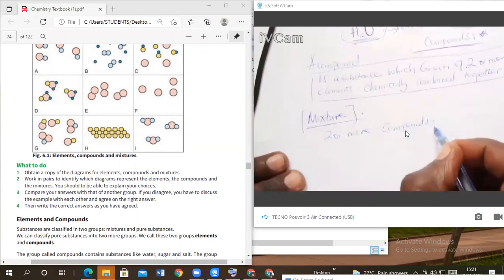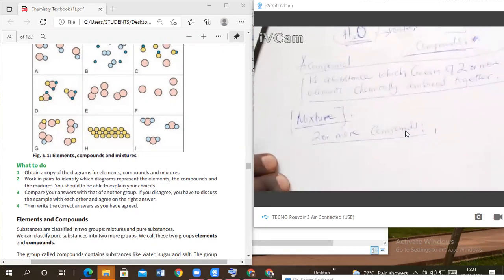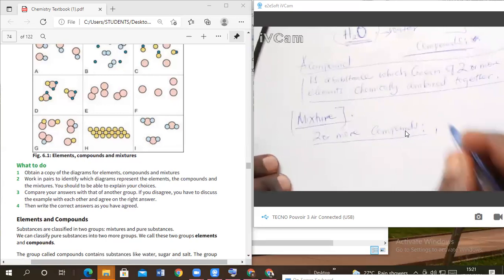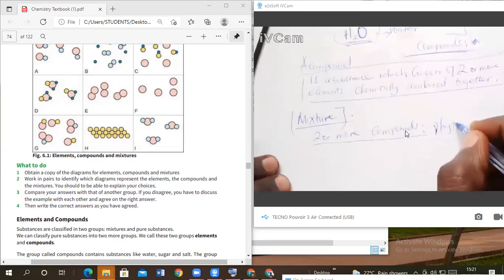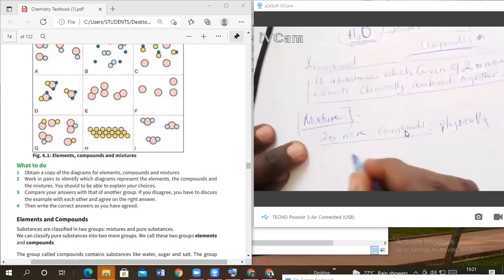Now, do you mix them chemically or physically? Physically. So a mixture is a substance which contains two or more compounds, but these ones are physically combined together.